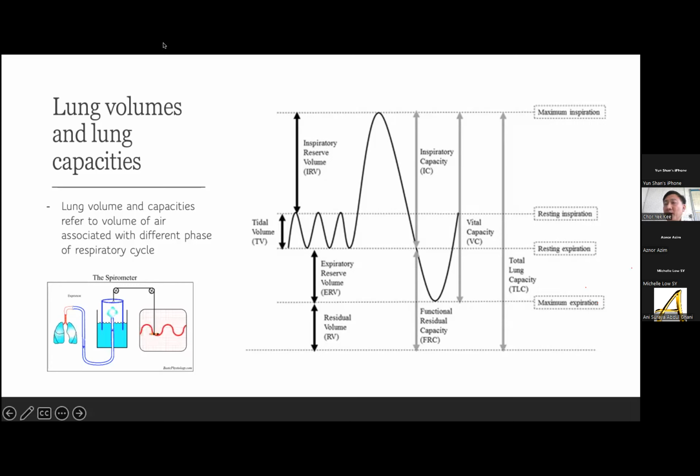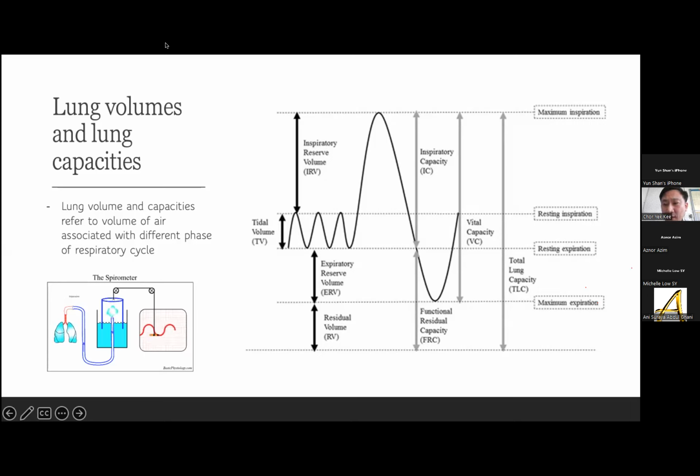If there's no leak in the tubing, then yes, you're correct. Expiratory tidal volume is more reflective of actual tidal volume. So that is statement number one: in non-leaking tubing, expiratory tidal volume will reflect the actual tidal volume that the patient has received.